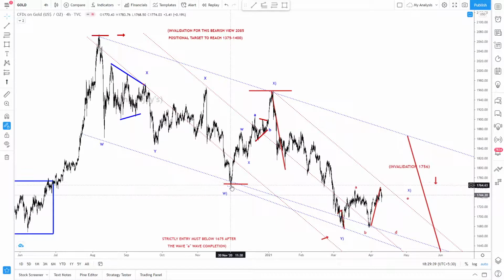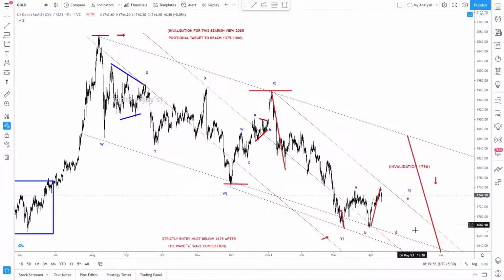So here also there is a $100 movement from 1760 to 1960, a $200 movement, and here also we can expect the same thing up to 1877.